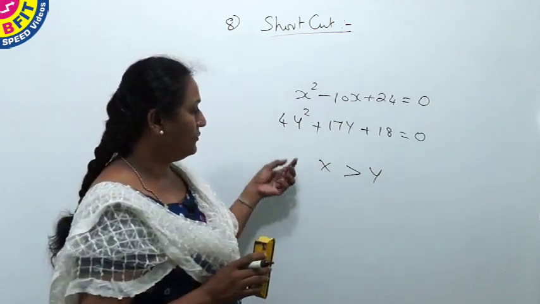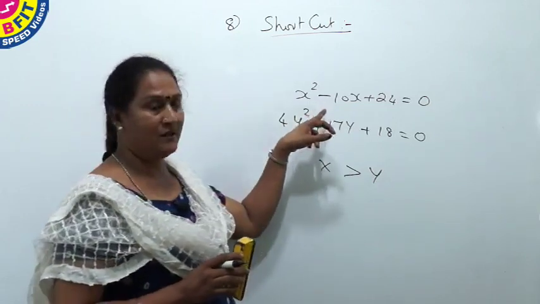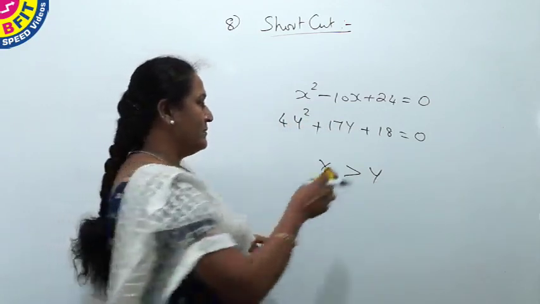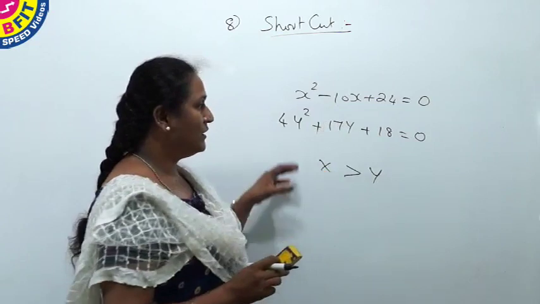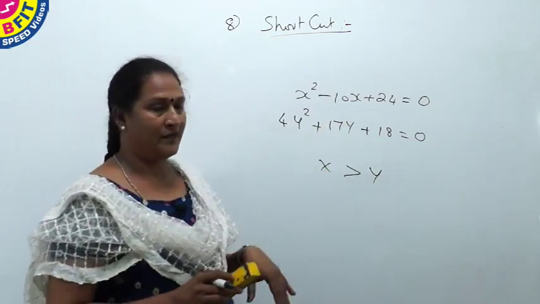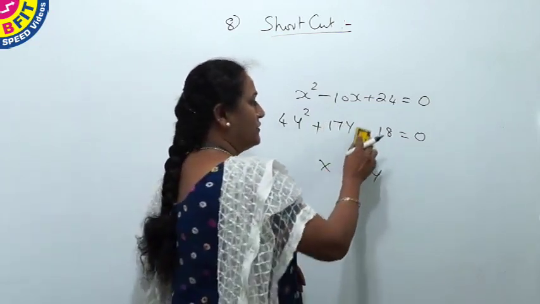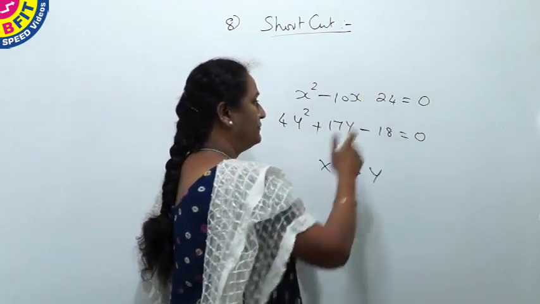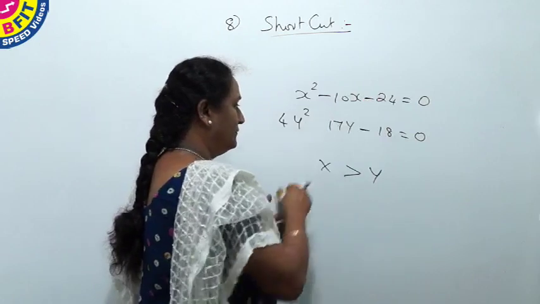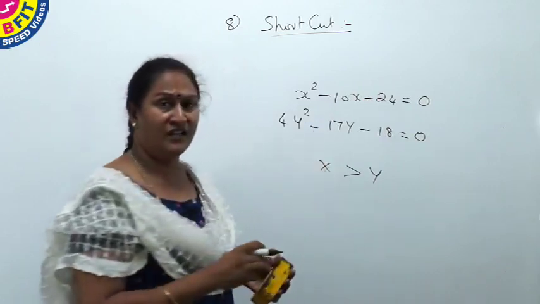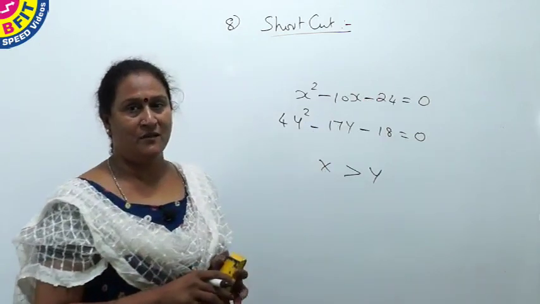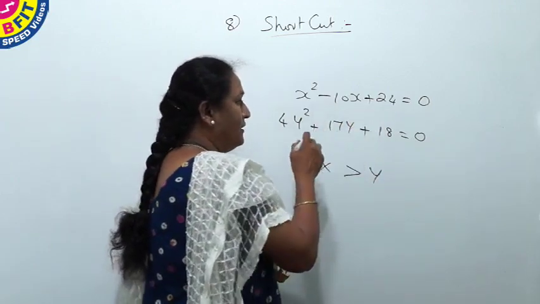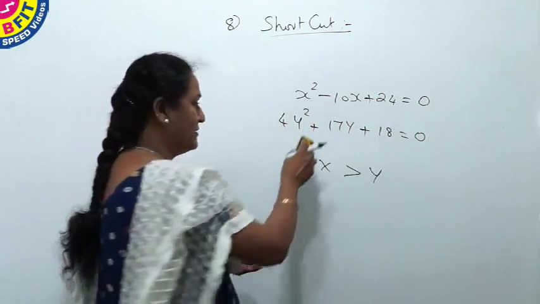Directly you can go for the option, seeing that the negative variable will be greater than the positive variable. And this is applicable only if the equations are in these two patterns. Suppose if one is positive, one is negative, or both negative, we need the values to choose the option.